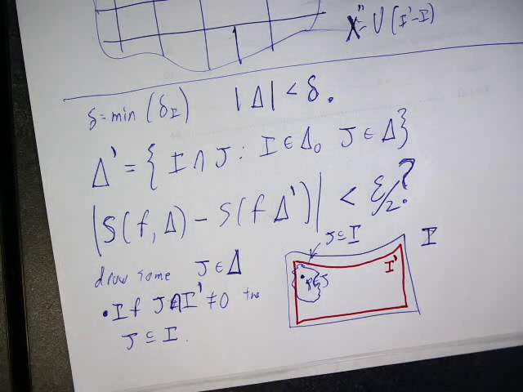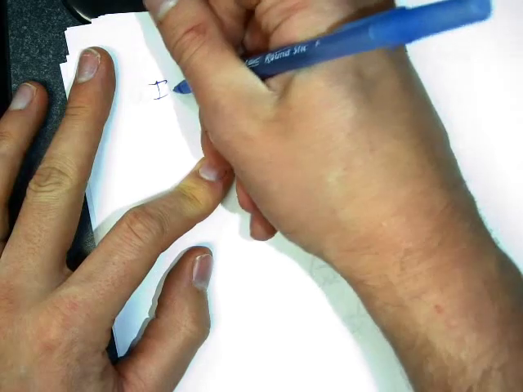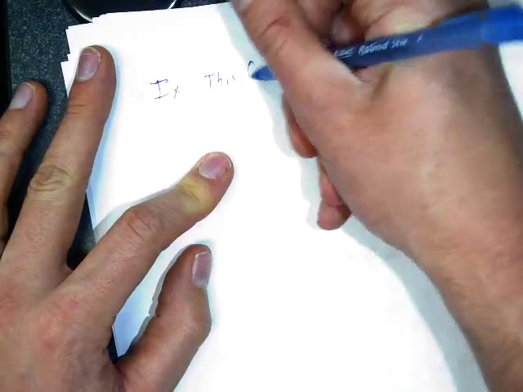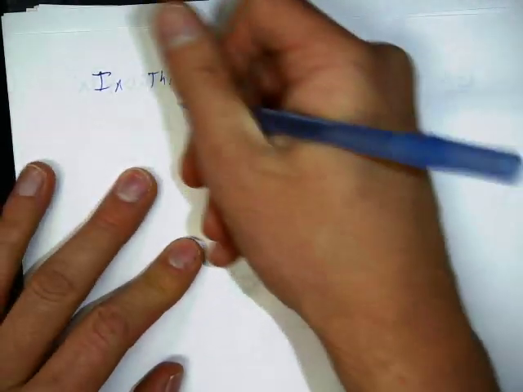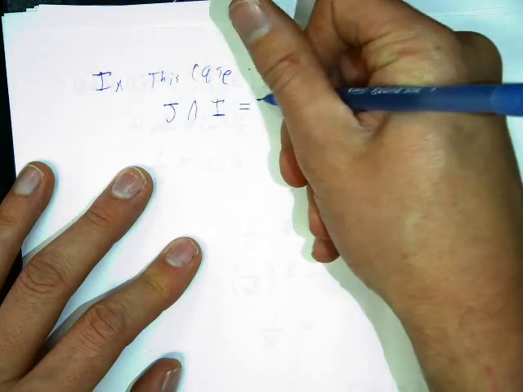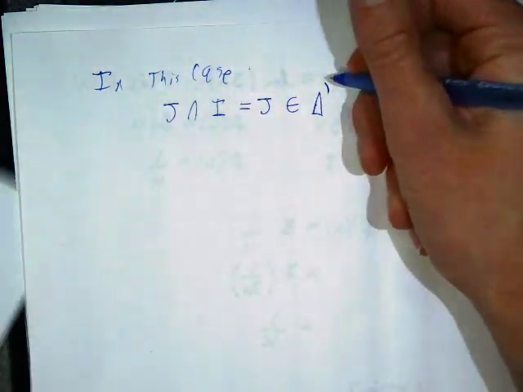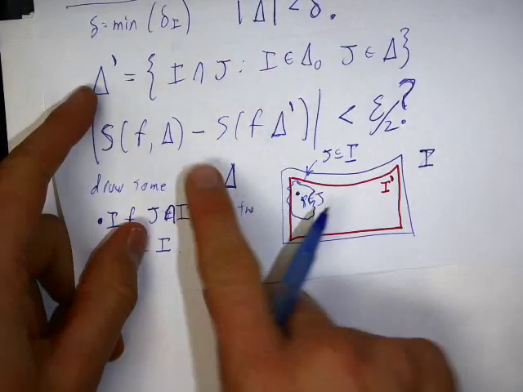Why is that something that's useful if we want to think about that sum? In this case, j intersect I is equal to j, so j is also an element of delta prime. So all of those terms in this will cancel.